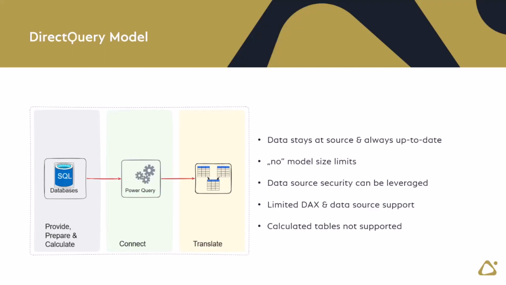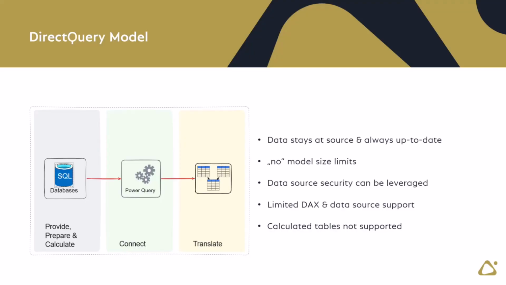The model size is only limited by your data source and the performance with which the query can be answered. Contrary to the import model, you could use source-side security. So that means you could leverage any security which is already implemented on your data source. But you could still create your security model within the semantic model.